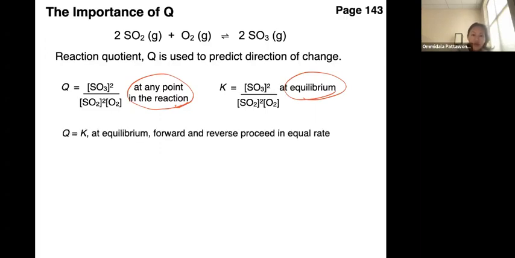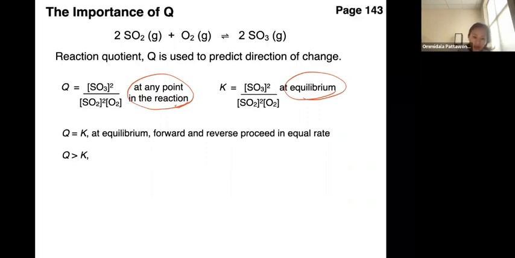When Q equals K, it indicates that the reaction at that point is already at equilibrium. It tells us that the forward and reverse reactions proceed at equal rate. When Q is not equal to K, that's when you are able to find out which way the reaction is going to shift.